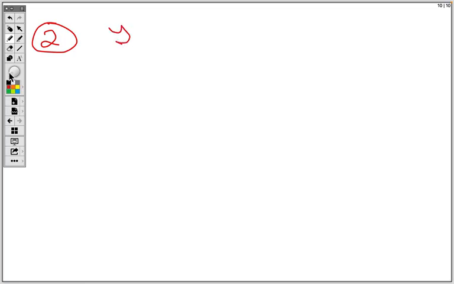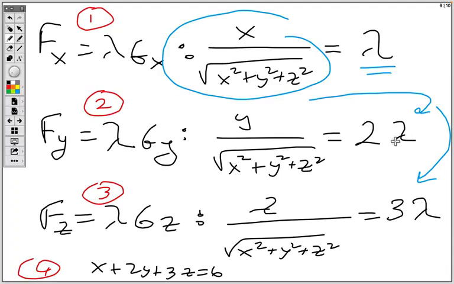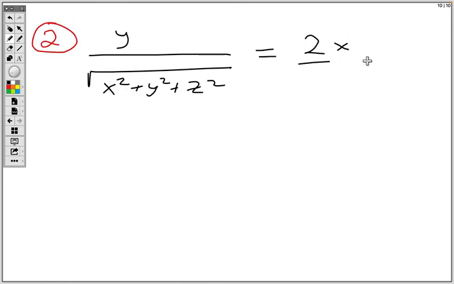It would look like y over this square root, would be 2 times the x.